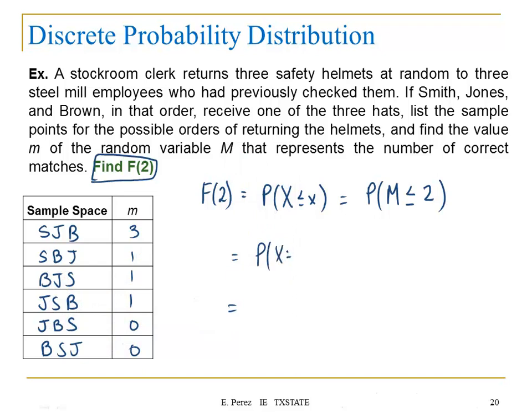It is the probability of M equals 0 plus the probability of M equals 1 plus the probability of M equals 2. I'm sorry, it should be M. Okay, can you tell me what those probabilities are? For 0, 2 over 6, right? 1/3.